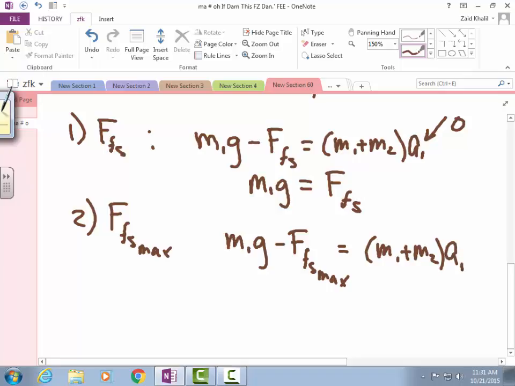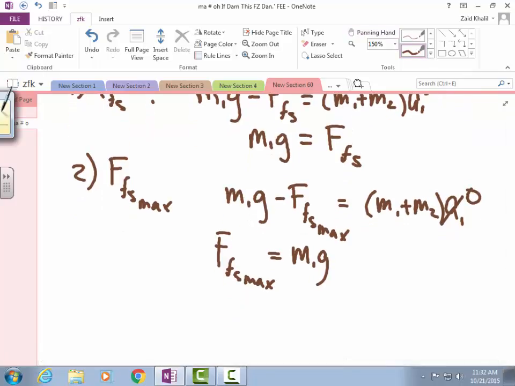It's 0 yet again. So yet again we have FFS max equals M1G. But we have an expression for FFS max. What is FFS max equal to? Go back in your notes. It's mu s Fn, which was mu s times M2G.